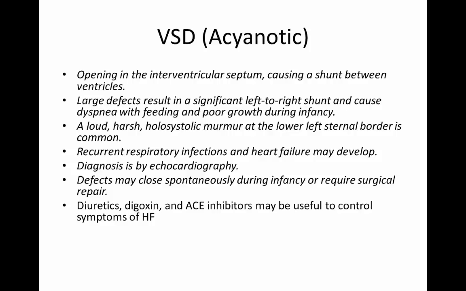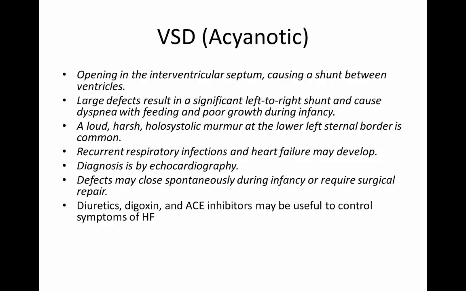In children with a large defect, you're going to have symptoms of heart failure, more right-sided heart failure: respiratory distress, poor weight gain, fatigue after feeding, edema, changes of level of consciousness. This appears at age 4 to 6 weeks, when pulmonary vascular resistance normally falls.